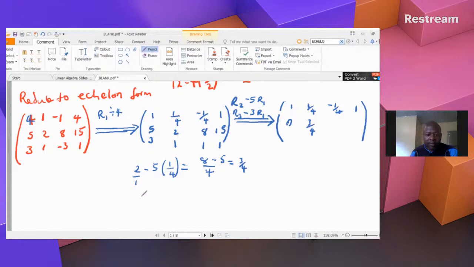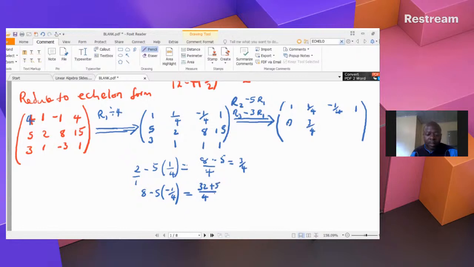I have 8 here minus 5 multiplied by the element in row 1. The element in row 1 above 8 is negative a quarter. The LCM here is 4, and 4 times 8 gives me 32. And this is negative 5 times negative 1, which is positive 5.